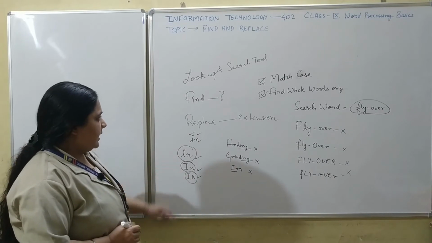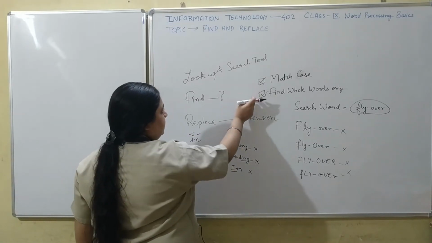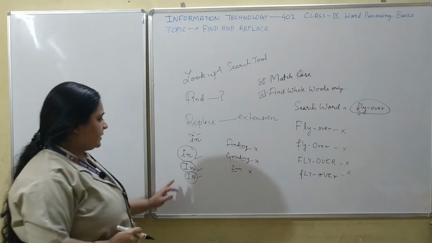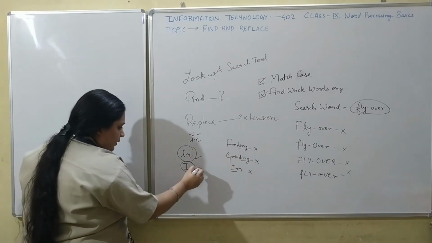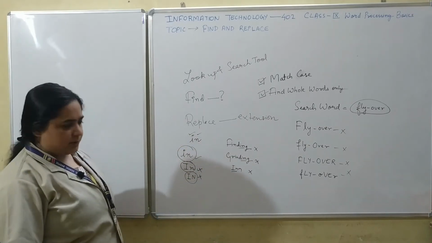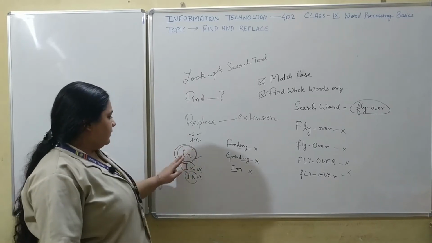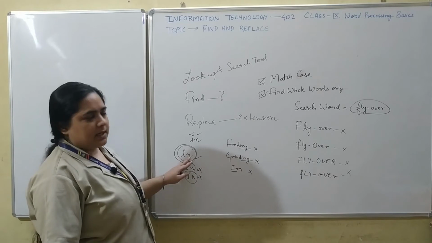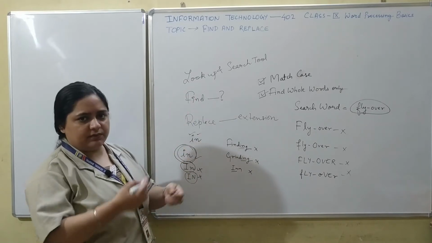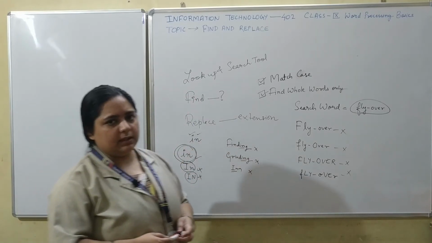Understood? And if you have checked both these boxes, then it is going to remove these options and only find the whole word and the word which matches this case. There are other options also which we will be seeing practically now.